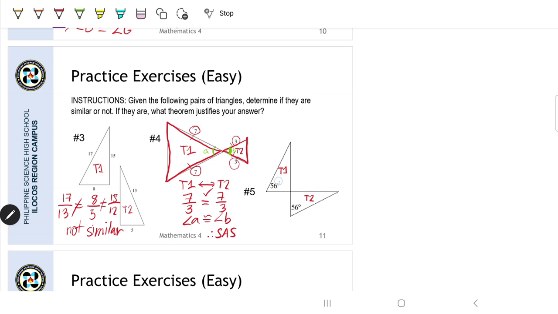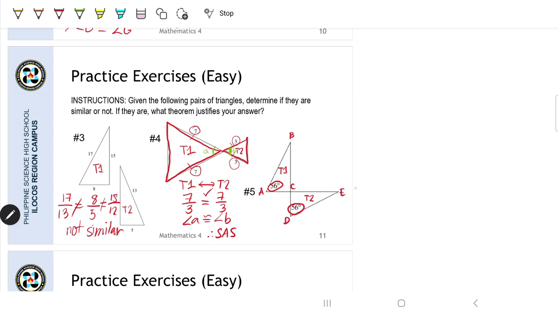Here we know that T1 has one angle which is equal to 56, and another for T2 which is also equal to 56. So if we label this as ABC, and for T2, let's label it as CDE.